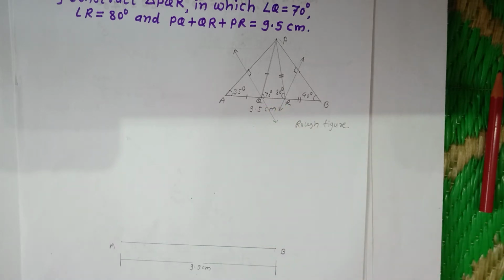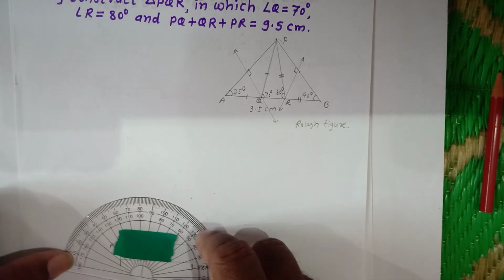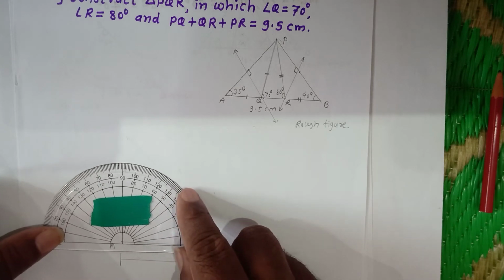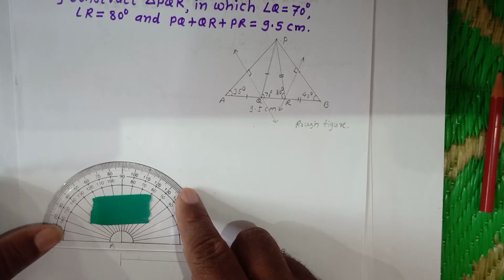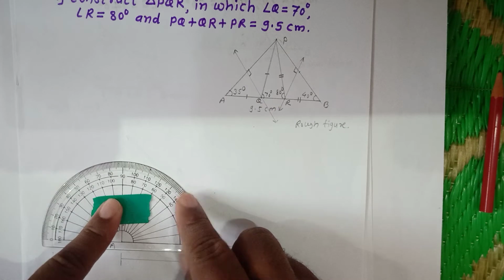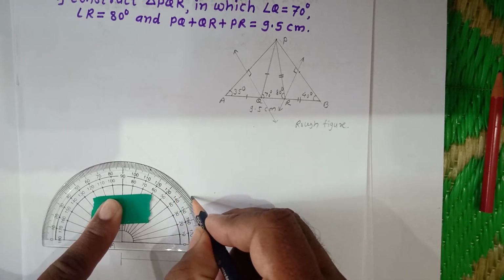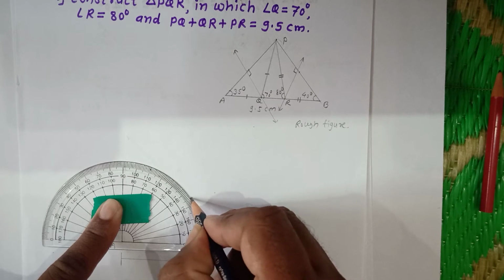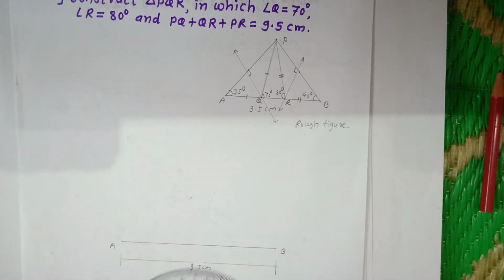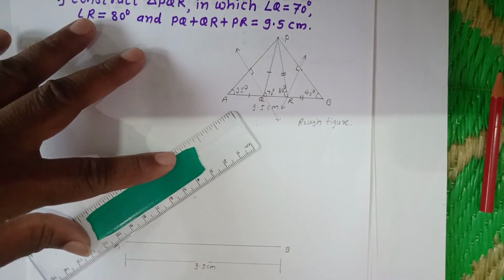So at point A, draw the ray making angle 35 degree, that is half of the 70 degree. So take this angle 35 degree here. Draw this line.